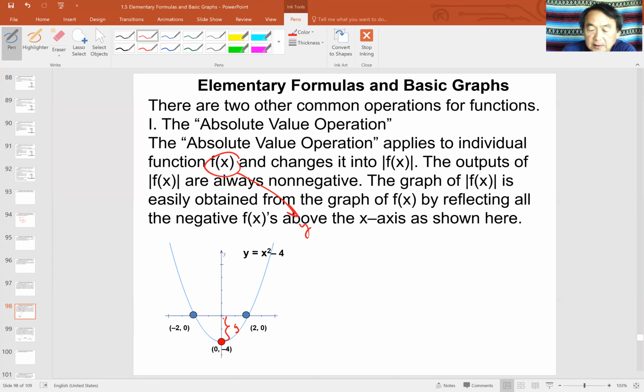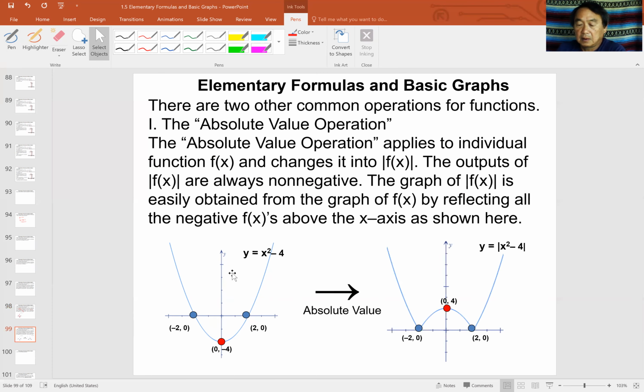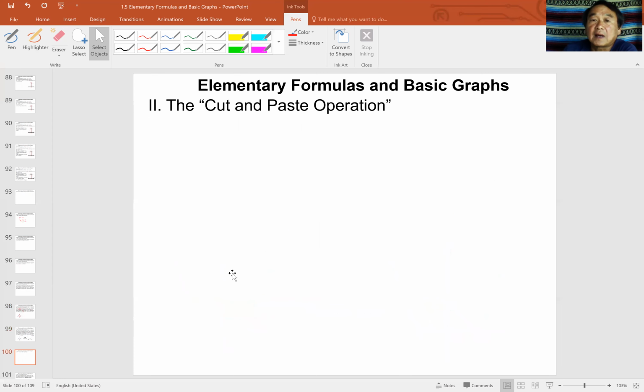If I slap the absolute value around it, it changes it to positive, so these points are graphed in the upper half because all the y values become positive. So the absolute value graph basically takes hold of the roots and flips all the negative parts upwards. You get a bouncing ball kind of path. That's absolute value, and we will use that sometimes.